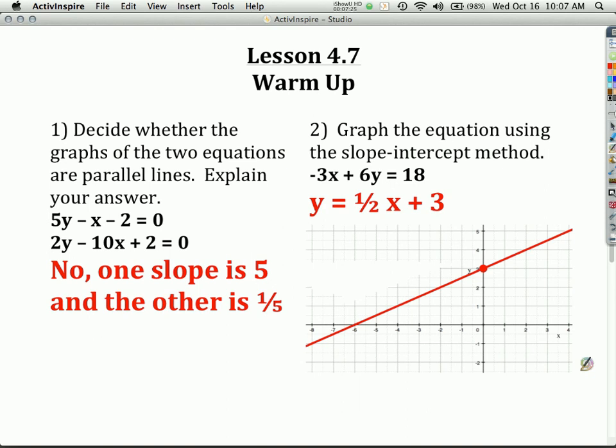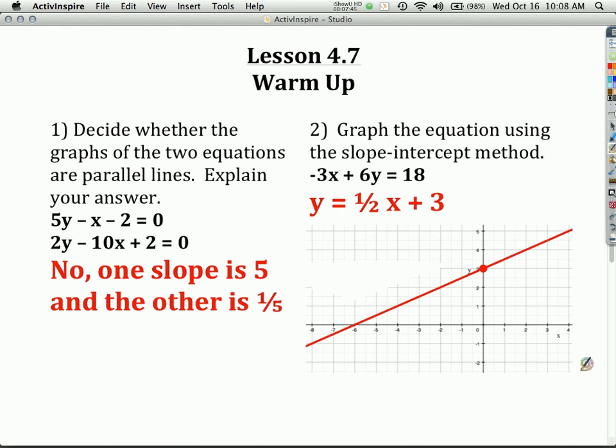So number 2, I asked you to graph this using the slope-intercept form. Give me a thumbs up if you did do the graph using slope-intercept form. Put your thumbs down. What did you do?